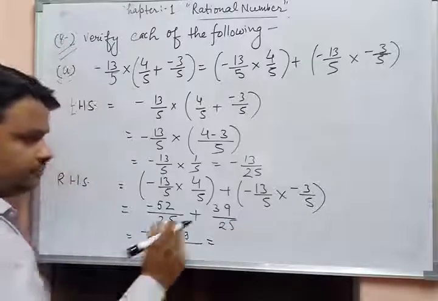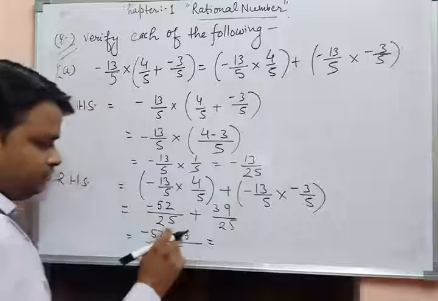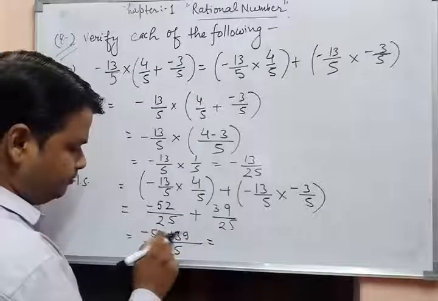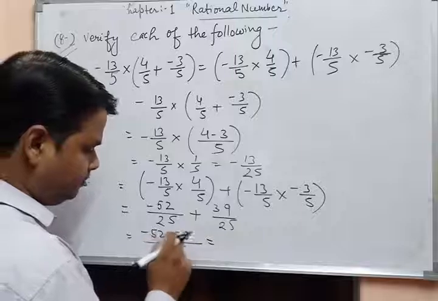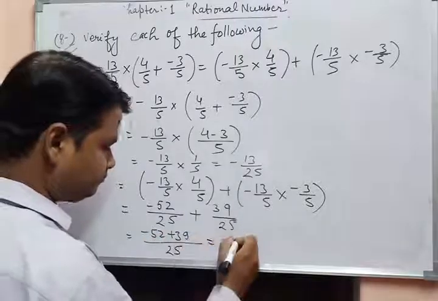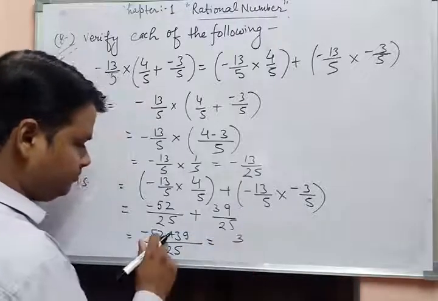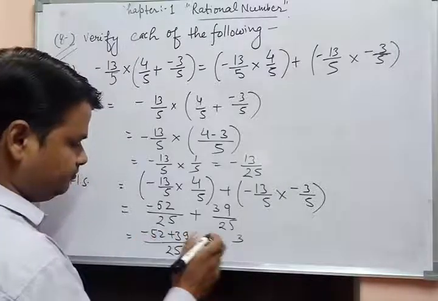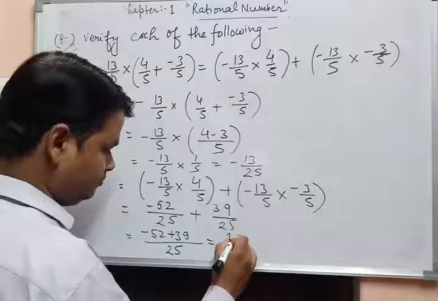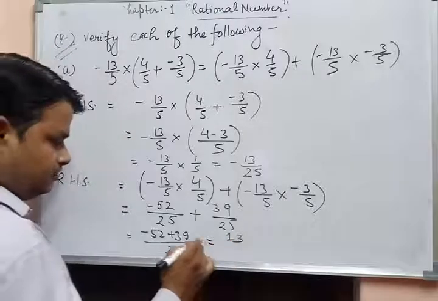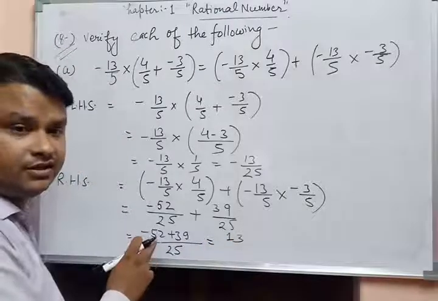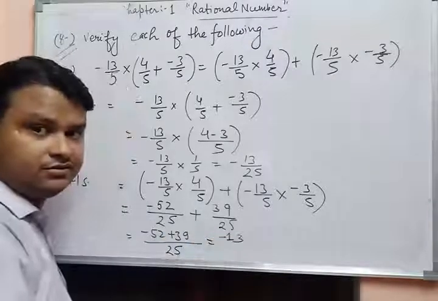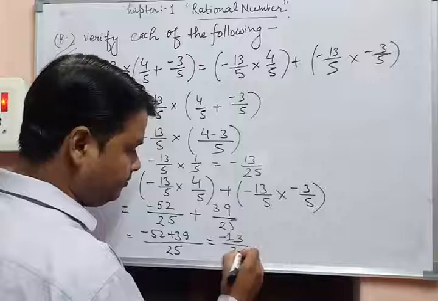So subtracting 39 from 52, we get 13. Here 52 is greater than 39, so we apply the minus sign and get minus 13 upon 25.